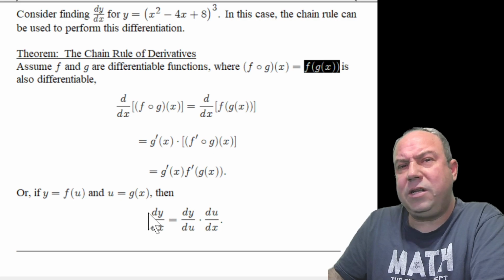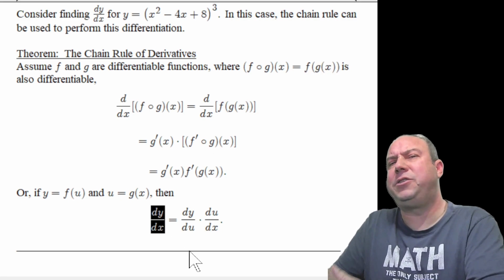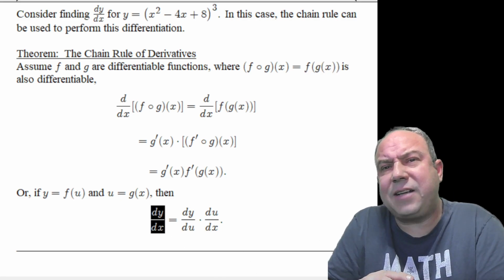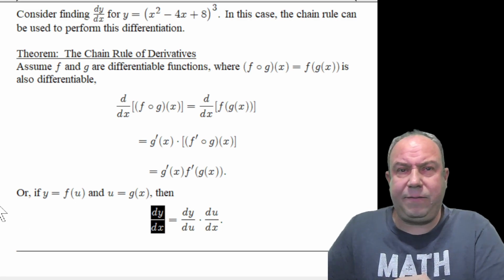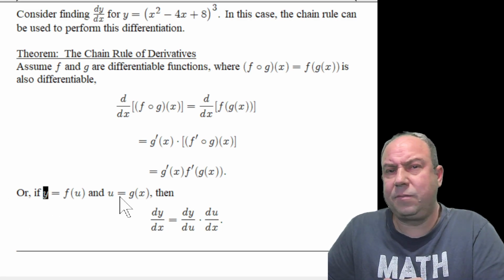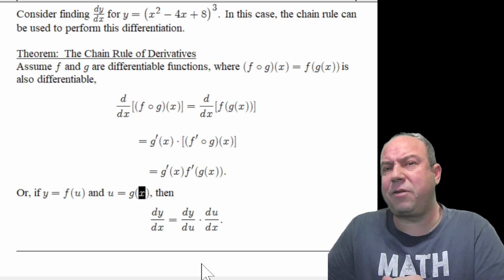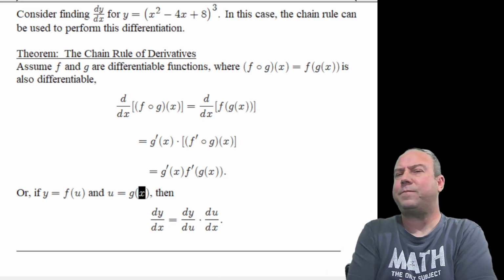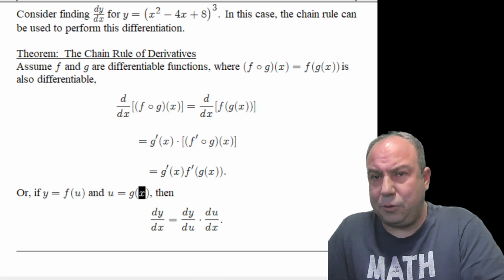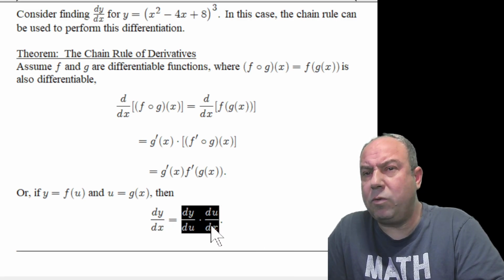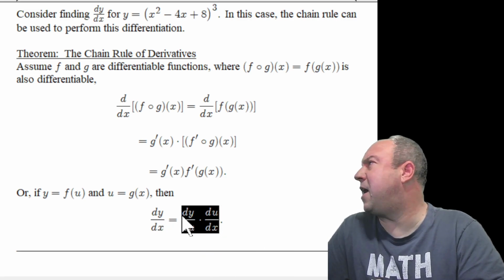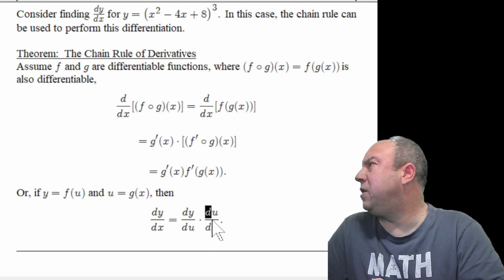Right? Then what is true in this situation is that dy dx, the derivative of y for this equation with respect to x from this equation, must be equal to the product on the right-hand side between these two individual derivatives.